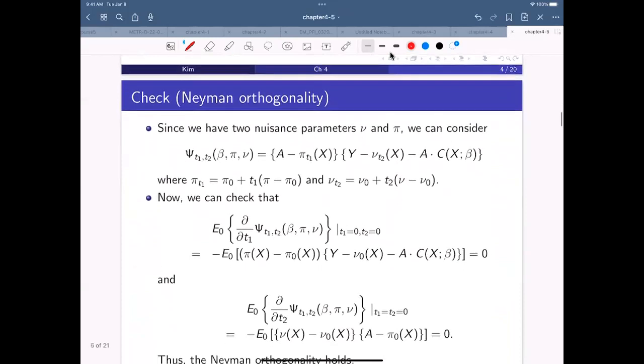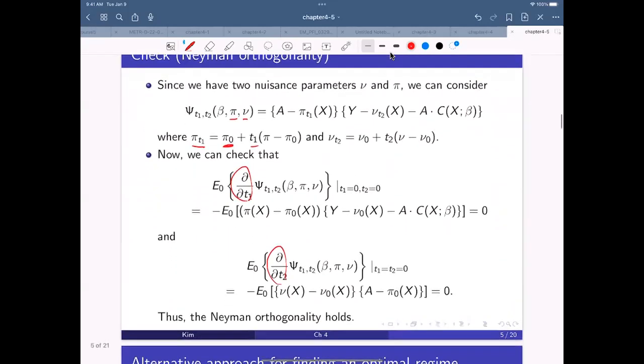So the Neumann orthogonality is essentially checking this path, right? You have a line path, and then you take the derivative with respect to T1 and T2, evaluate it, and check whether this is zero or not. And in this case, this is zero.